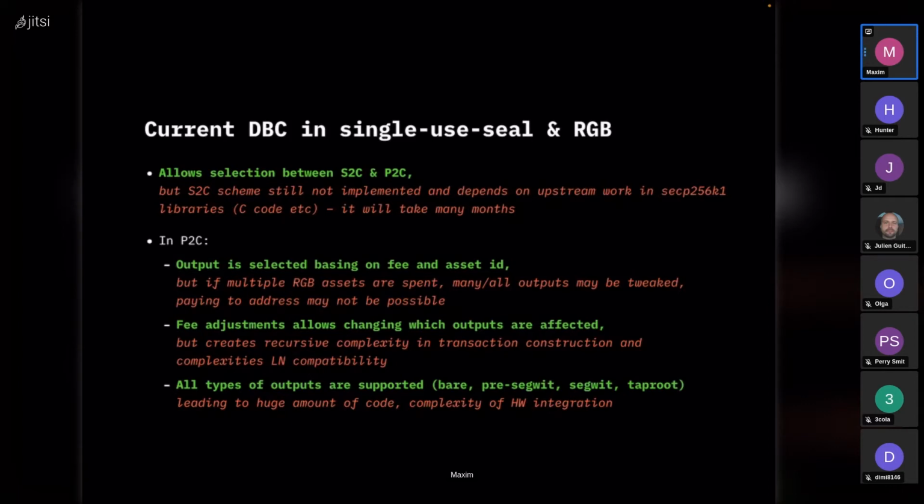And basically, the way it worked, we add the fee in satoshis, the total amount of satoshis spent on fee in the transaction, to the RGB contract identifier, which is a hash, and then we take this number modulo the number of outputs, and we get the number of the output which has to contain the commitment.